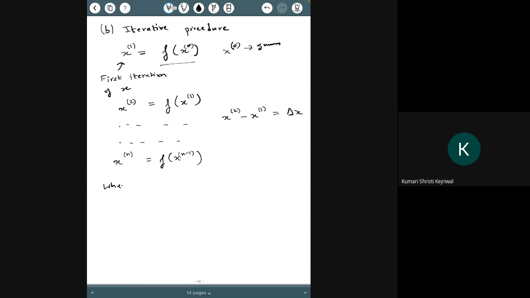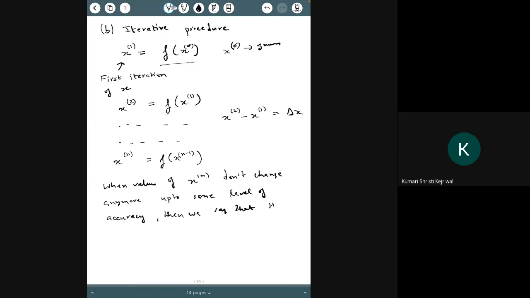When xn doesn't change anymore up to the confidence level that you want, say up to the third decimal place, then we say that the value of x has converged. And this is then your answer.